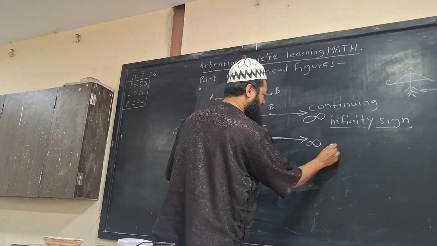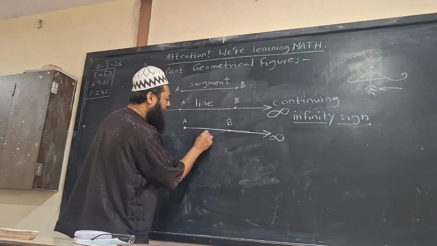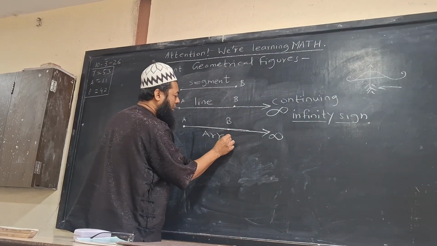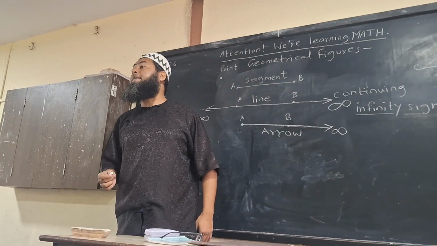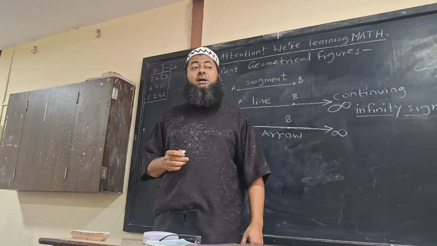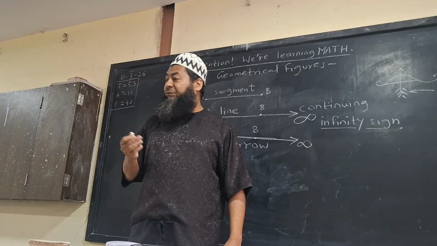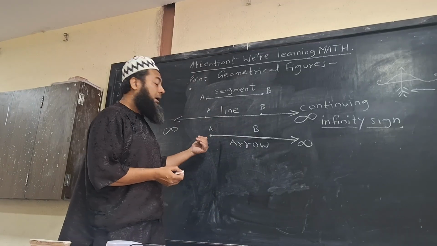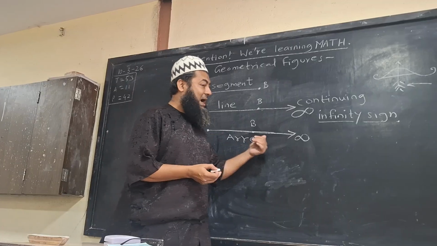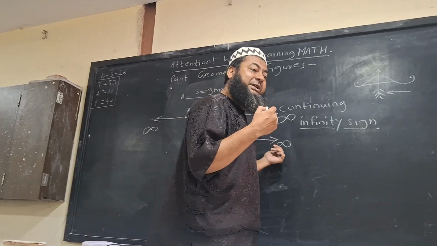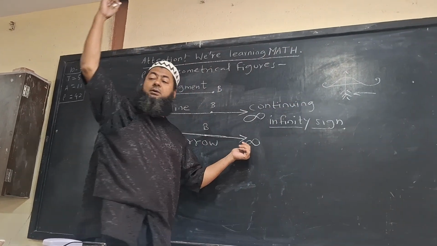We write here A-R-R-O-W. So what's an arrow? An arrow is a figure that has a beginning point and it starts and goes on continuously, infinitely, in one direction.